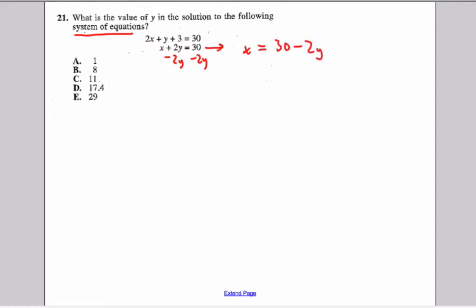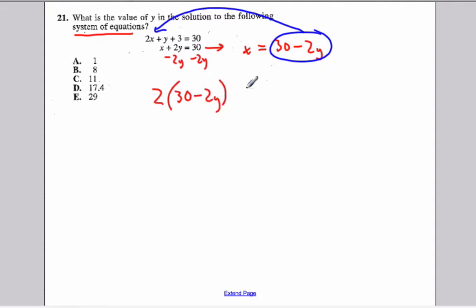Well, if that's what x is equal to, then I can plug this into this equation wherever I see x. So 2 times what I just found of 30 minus 2y, which is the x value, plus y plus 3 equals 30. Now it's just a matter of multiplying it all out.